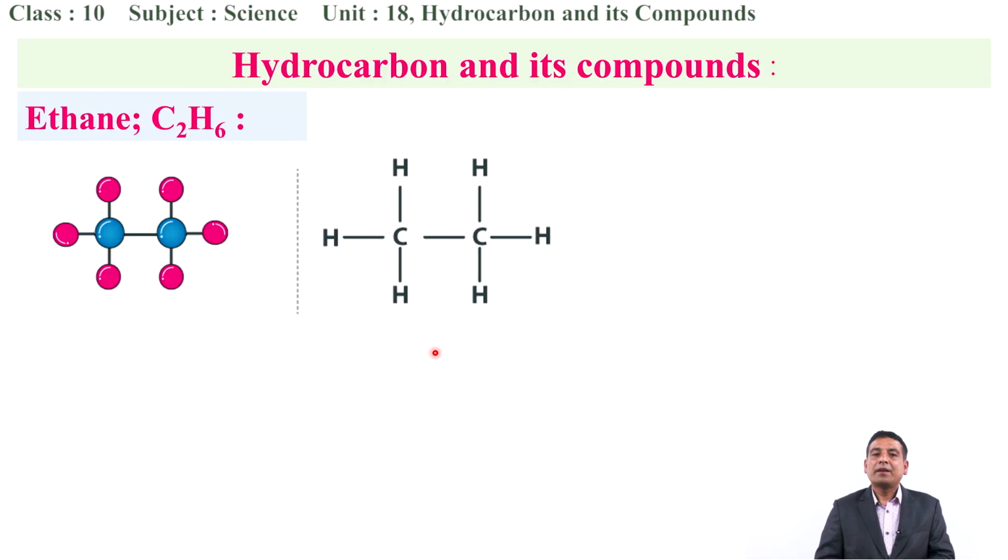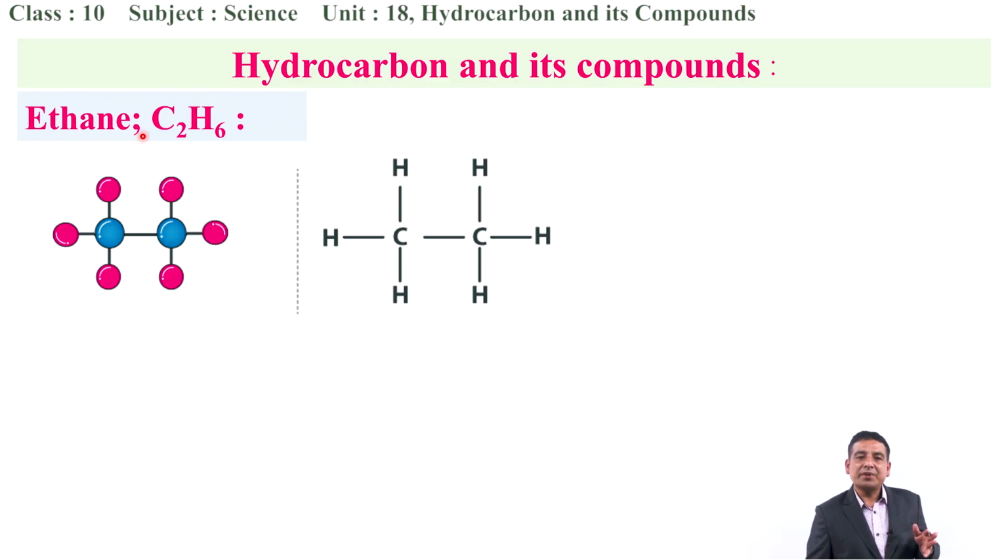Next one, ethane. The next hydrocarbon is ethane. How is the name ethane written? Eth represents, how many carbons does it contain? Yes, good, you said correct. Eth represents 2 carbon atoms.